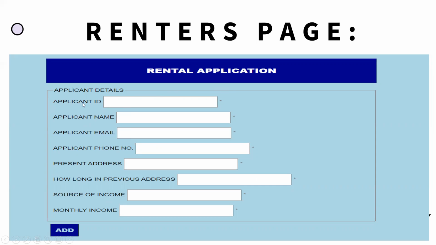It contains applicant ID, name, email, phone number, present address, and how long they have been in the previous address, source of income, and monthly income, so they can fill in these details and rent some apartment according to their needs. With the help of this add button, this is added to the database.